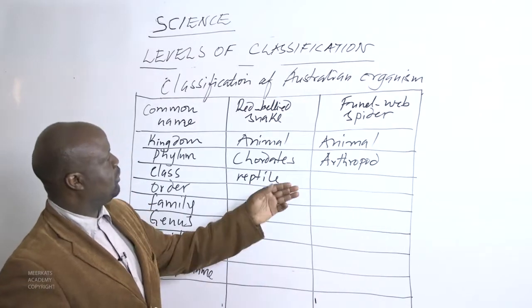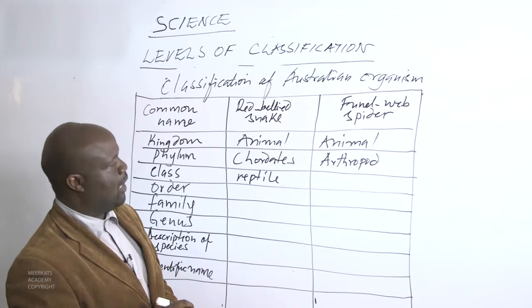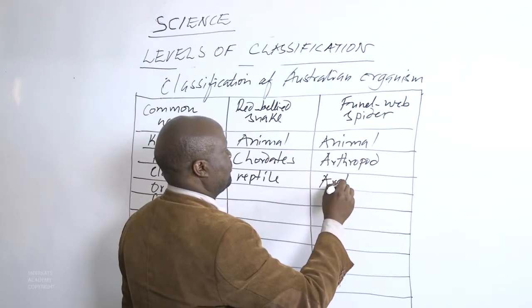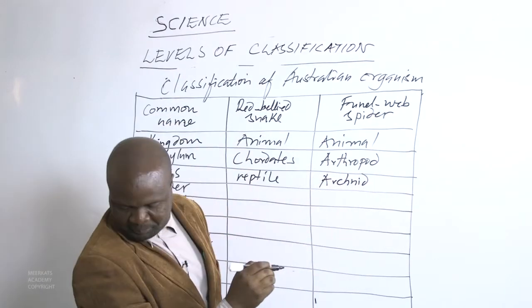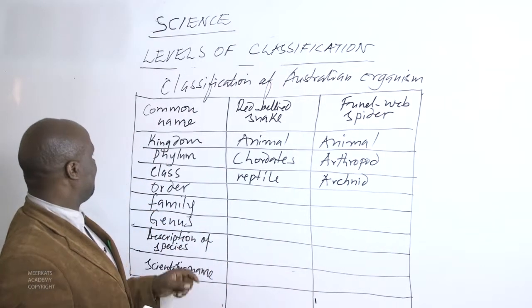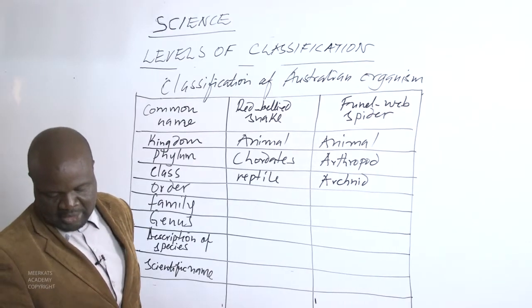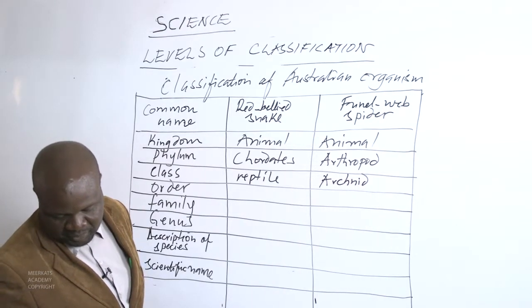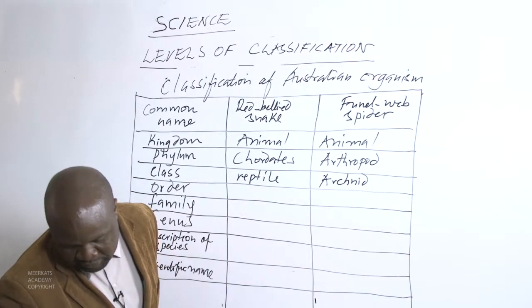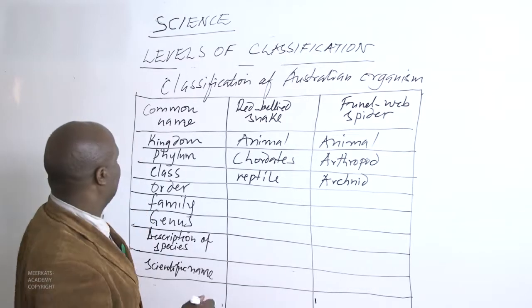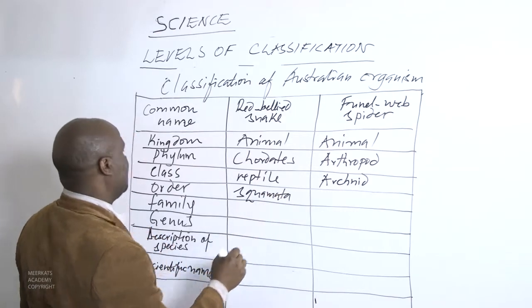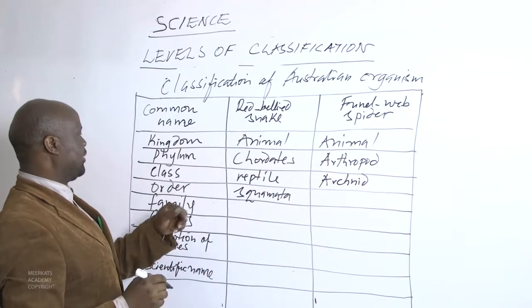And the spider belongs to Arachnida, the class of arachnids. And when we go to the order, the order for the red-bellied snake is Squamata.